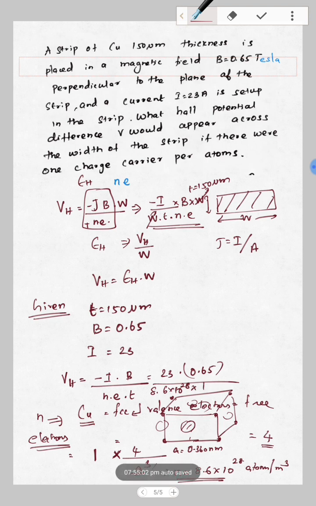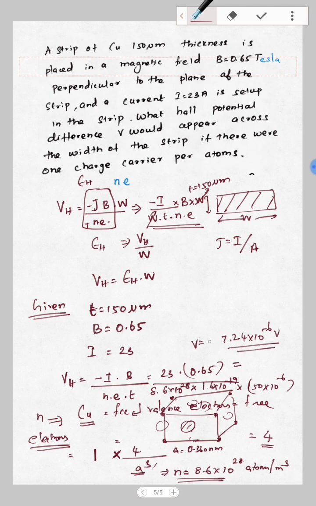into the charge 1.6 into 10 to the power of minus 19, into the thickness 150 into 10 to the power of minus 6. If you substitute all the values, I will get 7.24 into 10 to the power of minus 6 volts. Even if it is put negative, only the polarity changes.